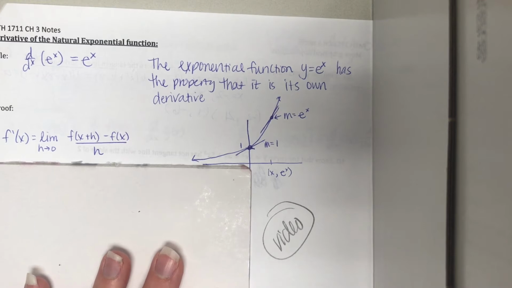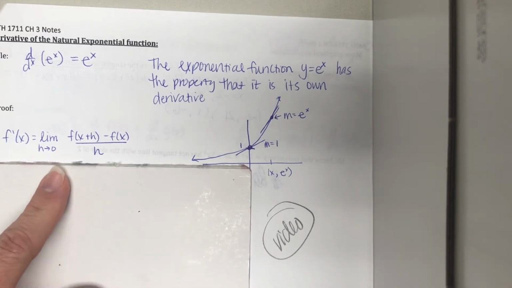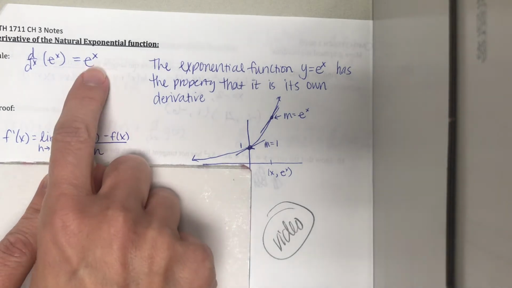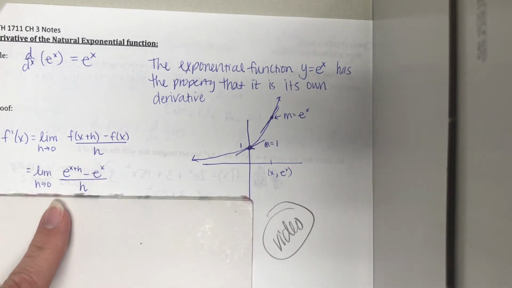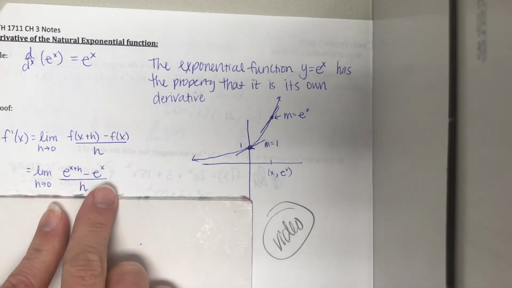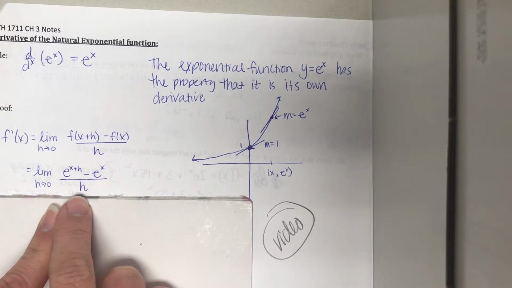We're just going to use the limit definition that we did last chapter. What we're going to plug in is our e to the x for our x. So we're going to have e to the x plus h minus e to the x all over h.